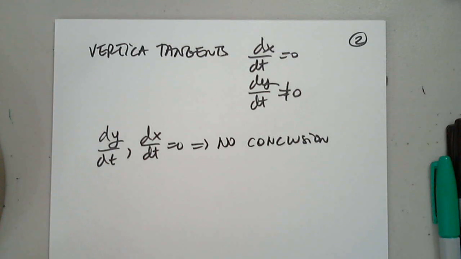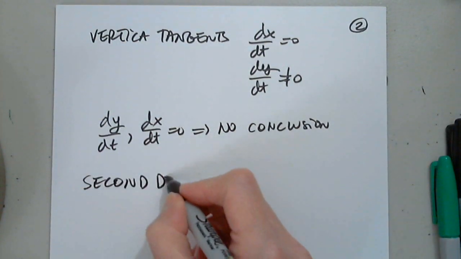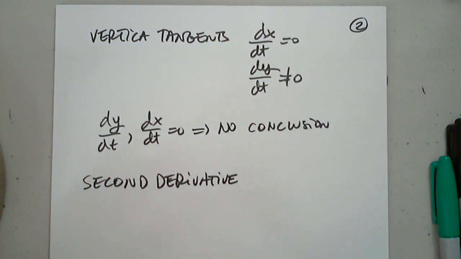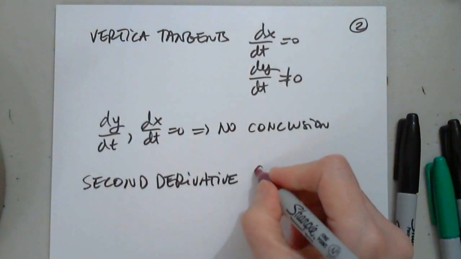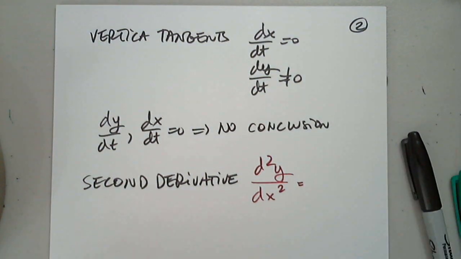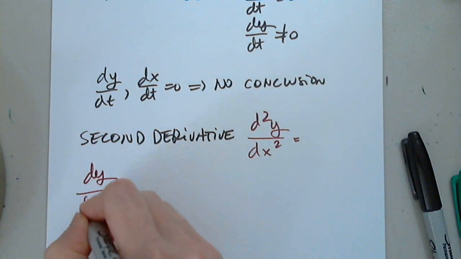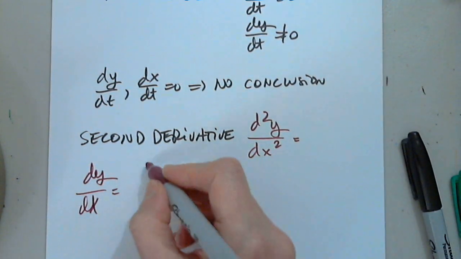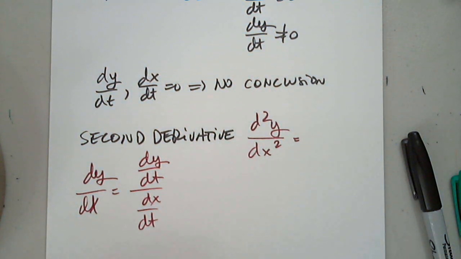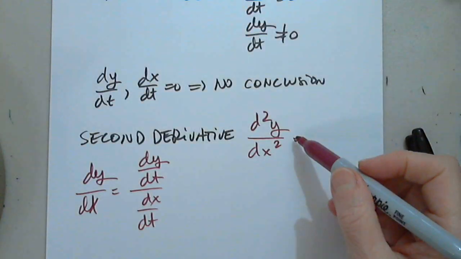Okay, now one more topic here is the second derivative, before we look at applications. The second derivative is d2y over, of course, dx2. And how do we determine this? So let me copy dy over dx, of course, which is dy over dt over dx over dt. This is what we just wrote on the previous page. And how do we get this?